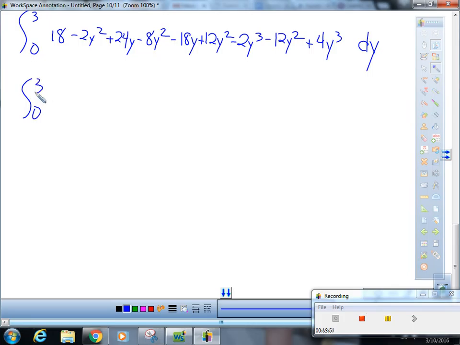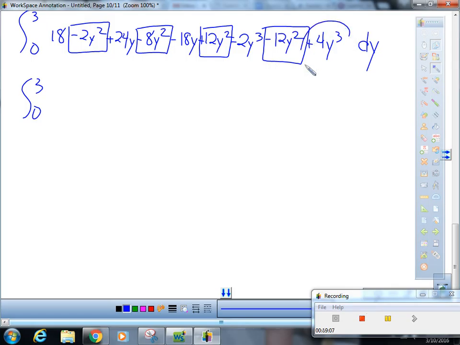Okay, that pretty much keeps them straight for me. So I'm going to just go in reverse order here. 18 plus 6y. Do you guys agree that it's a negative 10y squared?